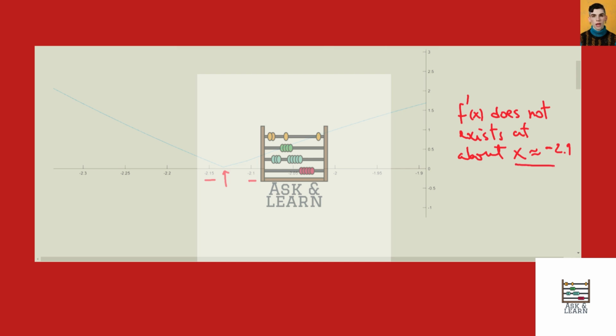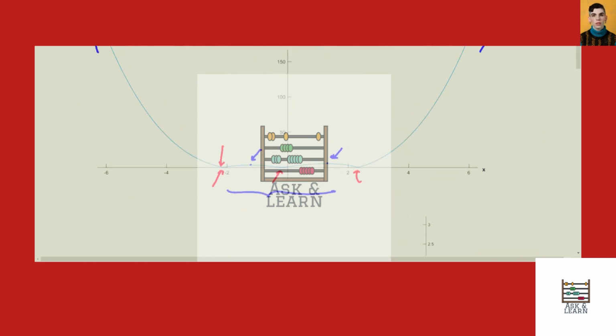So it's our first critical number, negative 2.1.